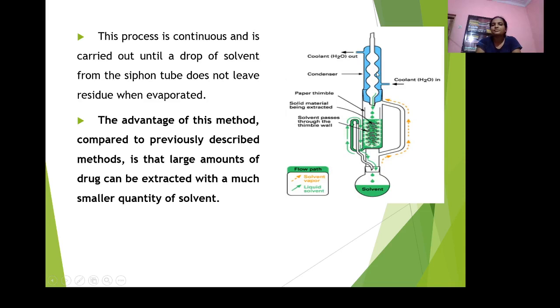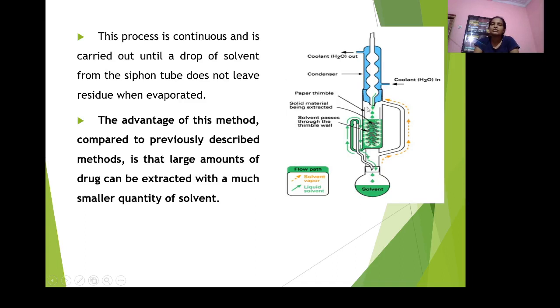And then once we provide heat to that RBF, the solvent present inside the RBF gets boiled and the vapors arise. Those vapors go through the side arm into the condenser, and the condenser cools those hot vapors, and that liquid is drained slowly, and the drops fall into that porous bag which is present inside that thimble, and that bag gets wet.